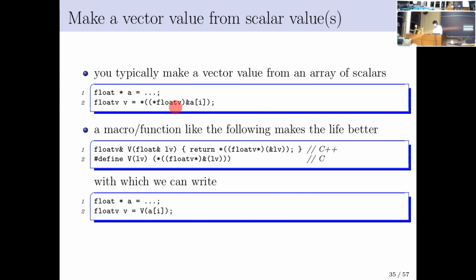I'm sorry, so this should be float v. So take the address pointing to a single float, cast it into a pointer to a vector of floats, and then dereference it, like I said before.